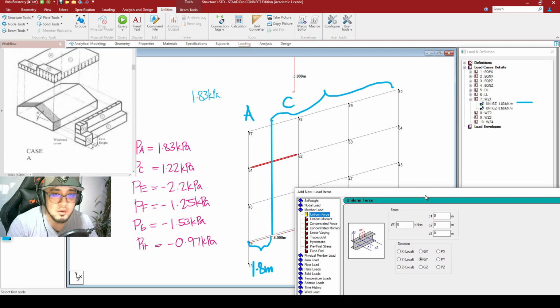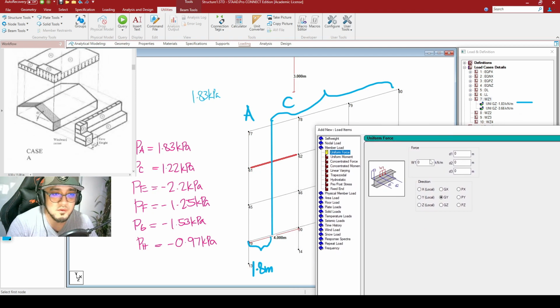Then I would be repeating this magnitude. So for the first magnitude, that is to be negative 1.83 along the GZ direction. But this time we will be customizing D1, D2, and D3. So your D1 is to be the starting point of your load, and your D2 is to be the ending point of your load. So that is in reference with the start and the end of your beam.